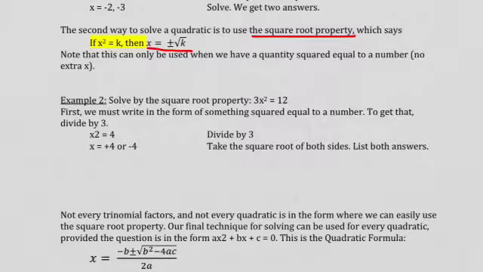So in this case, x equals plus or minus the square root of 4, which gives plus or minus 2. You will notice that there is a tiny mistake, and right there you are supposed to have plus or minus 2 as a solution.